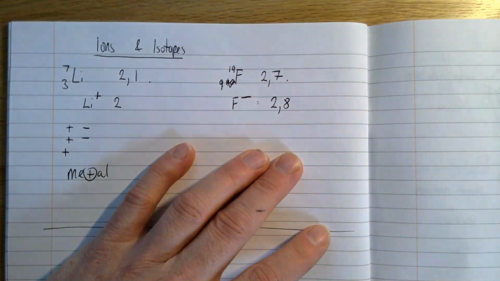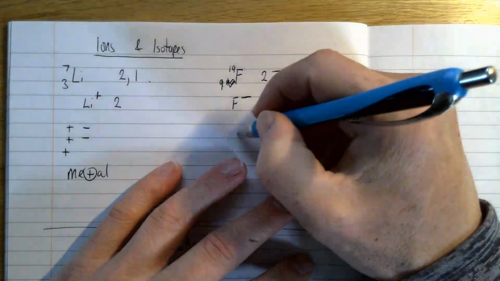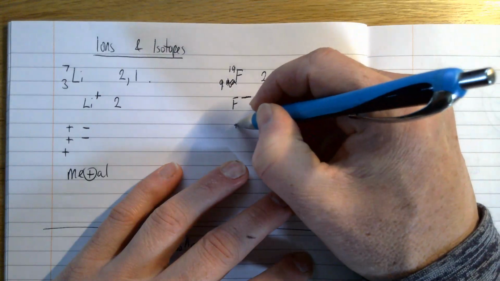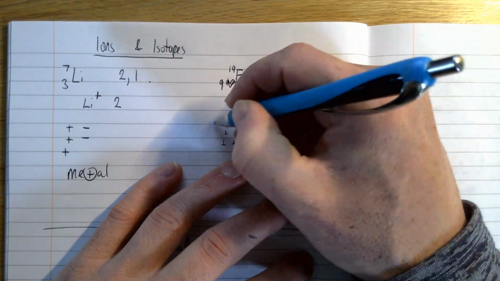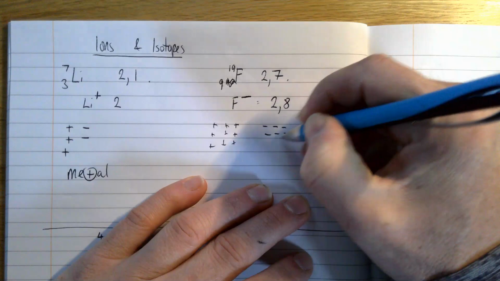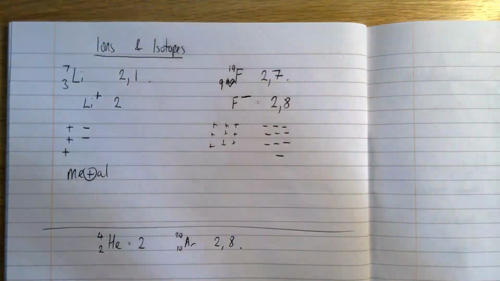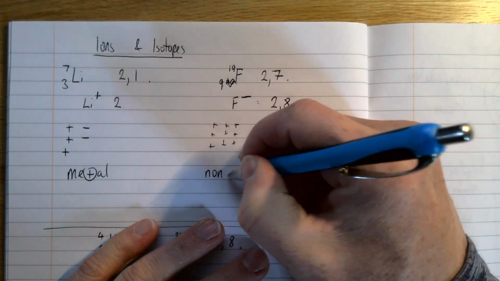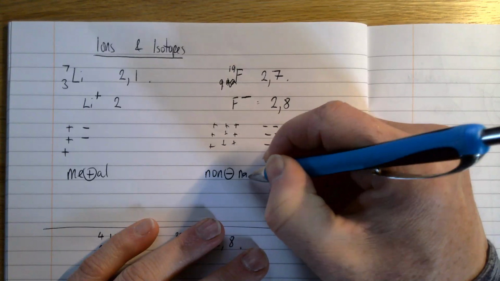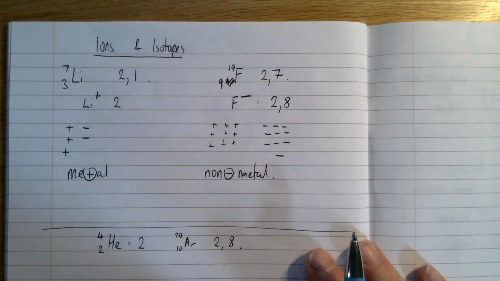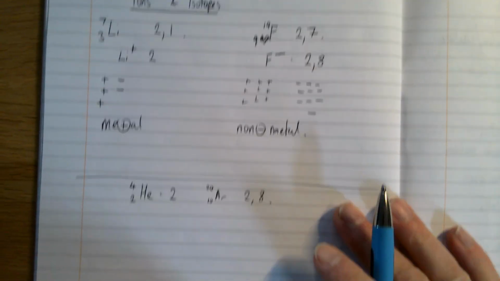It gains 1 electron to fill that second shell, and it's now got a 1 minus charge because it's still got 9 protons, but it's now got 10 electrons, and so it's got 1 more negative charge than positive charges. And conveniently, the word non-metals has got a minus in the middle of the word. So it's worth remembering that all non-metals, which are on the right hand side of the periodic table, always form negative ions.